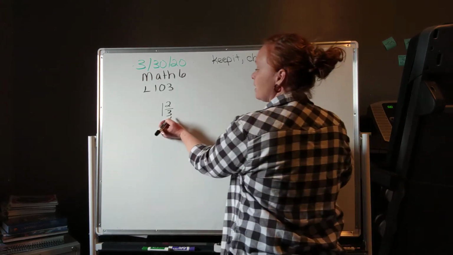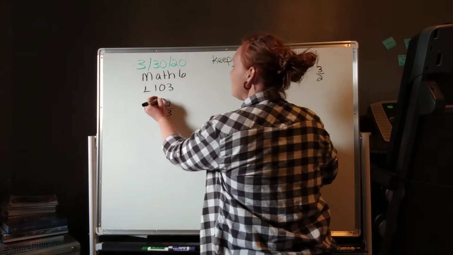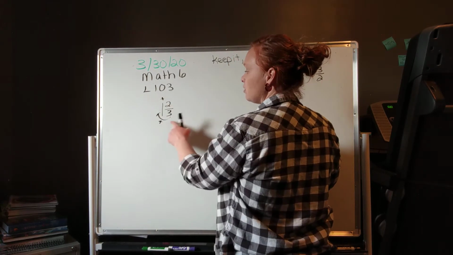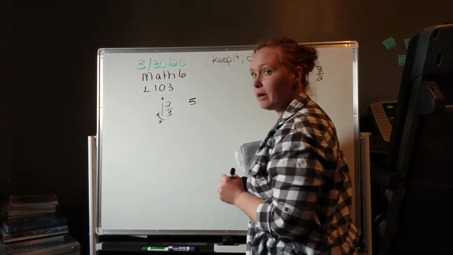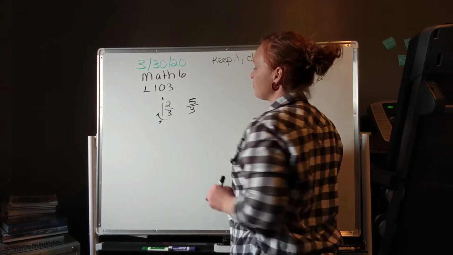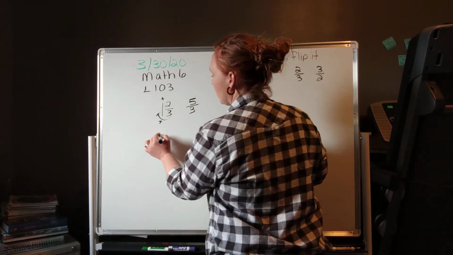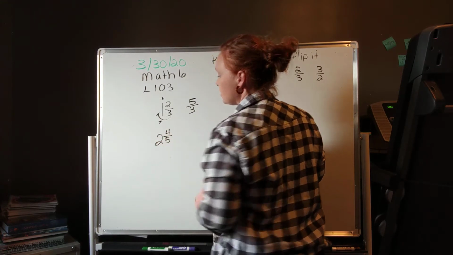Remember, what I can do is I can say 3 times 1 is 3, and then we add the top number. So 3, 4, 5. So the numerator would be 5, and remember the denominator stays the same. Okay, let's do another one really quick to refresh. 2 and 4/5.